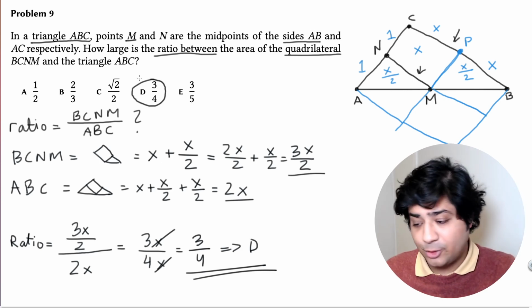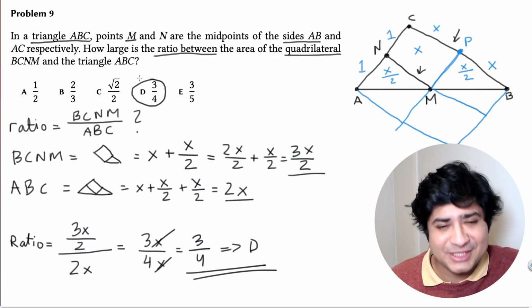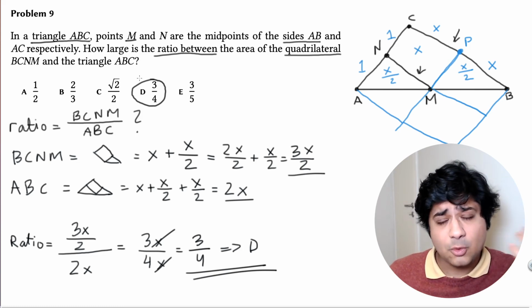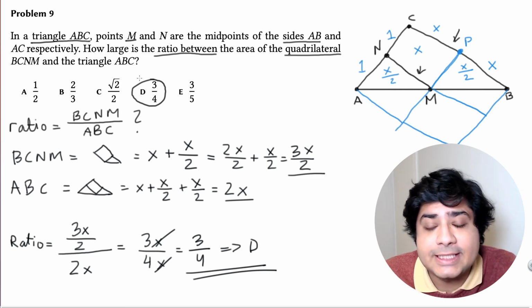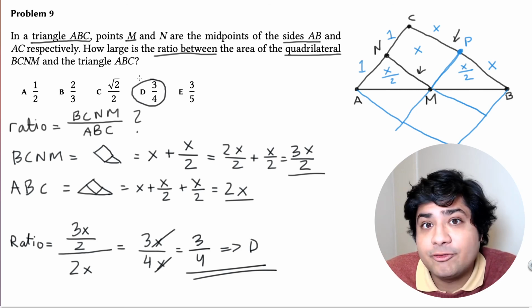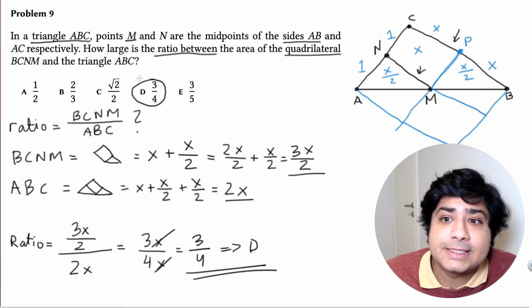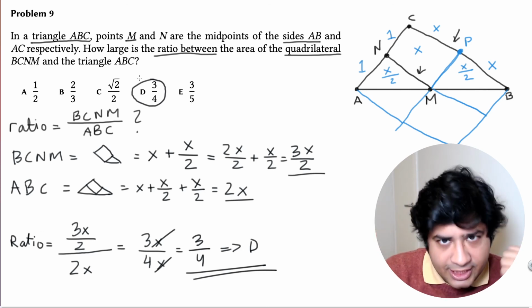There you go. I hope you enjoyed this one. I hope you learned something from this. What I usually recommend with these geometry problems, which can be a little bit daunting, is that as long as you have a figure to play around with, you can change the figure.